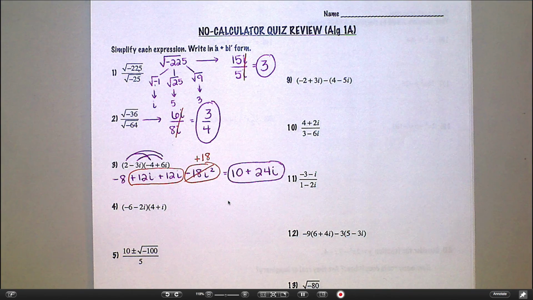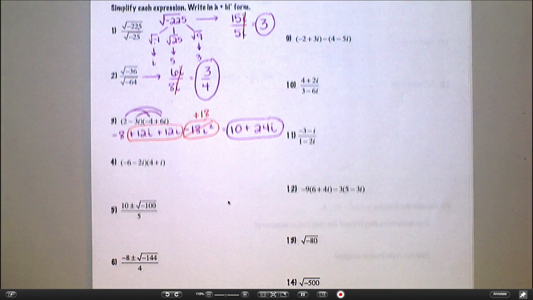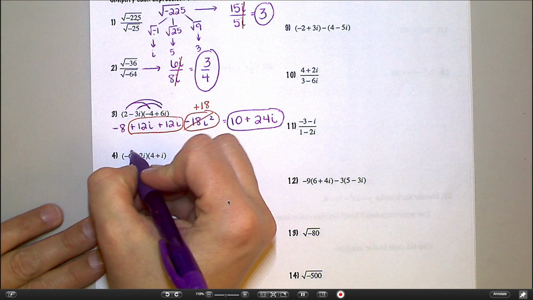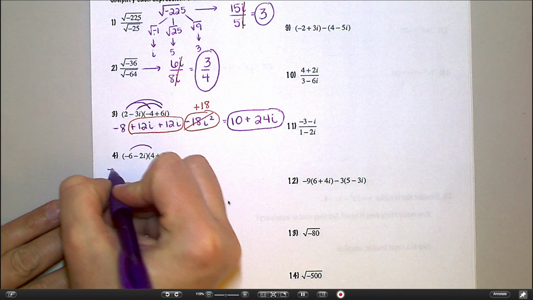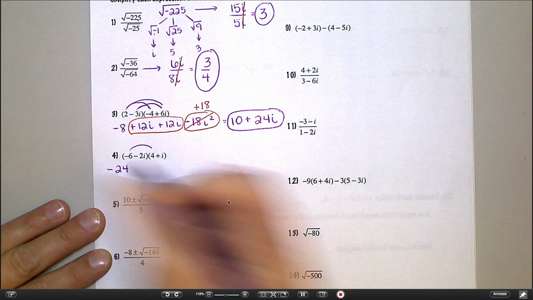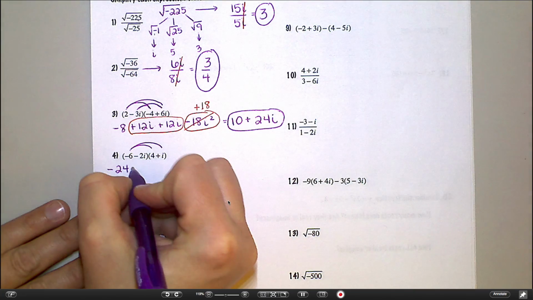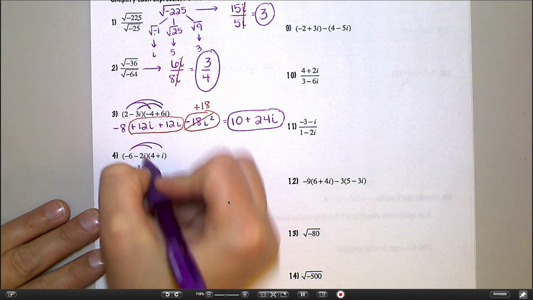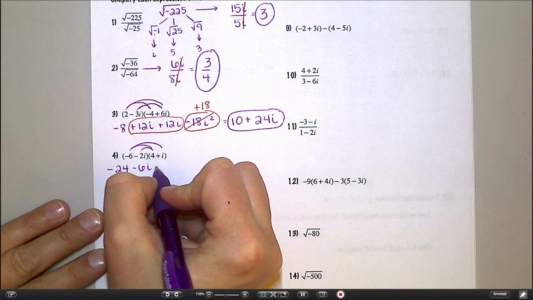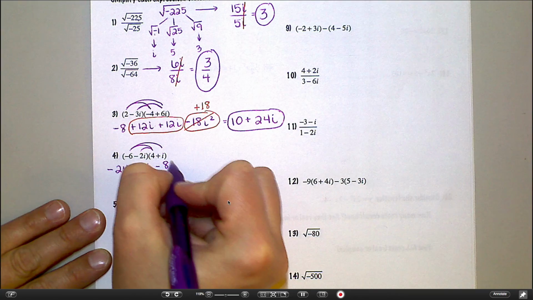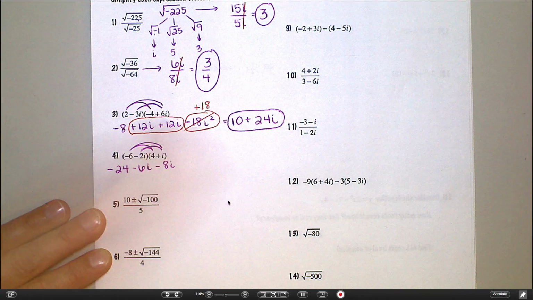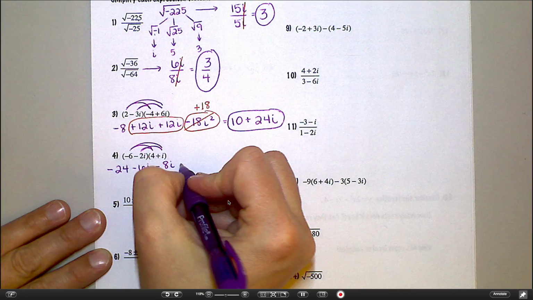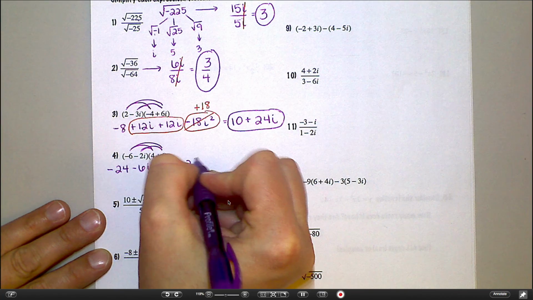Okay, so same thing with number 4. Number 4 is going to be a FOIL problem. So negative 6 times 4 is negative 24. Negative 6 times i would leave me with negative 6i. Negative 2i times 4 would be negative 8i. And negative 2i times i is going to give me negative 2i squared.